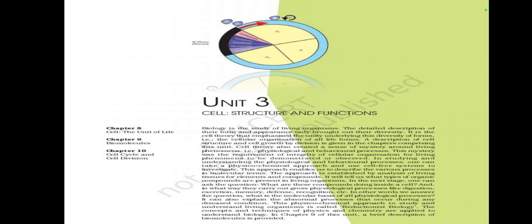In the next stage, one can ask the question, what are these compounds doing inside a cell, and in what way they carry out gross physiological processes like digestion, excretion, memory, defense, recognition, etc. In other words, we answer the question, what is the molecular basis of all physiological processes.